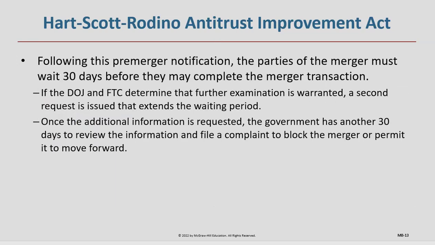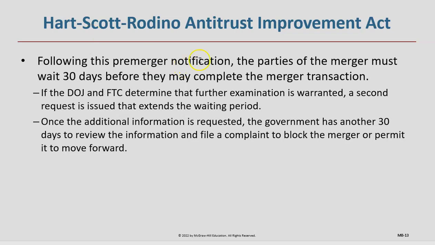Okay, and then after notification, those firms have to wait 30 days before they can complete the merger transaction. And DOJ and FTC can say, wait a second, we want to look at this a little bit more closely. And so they can ask for another waiting period.